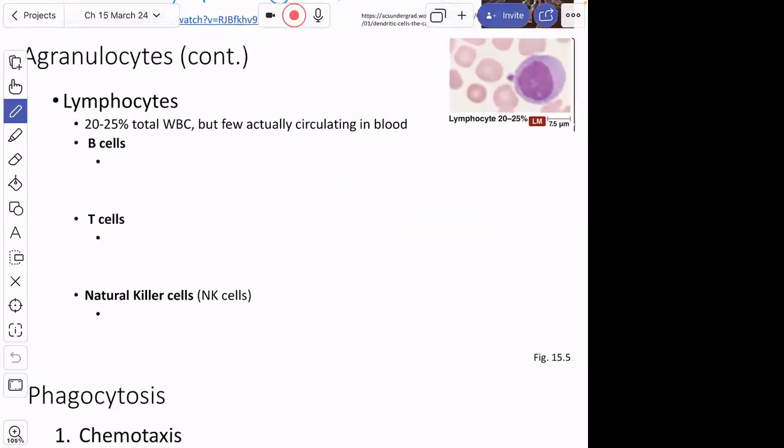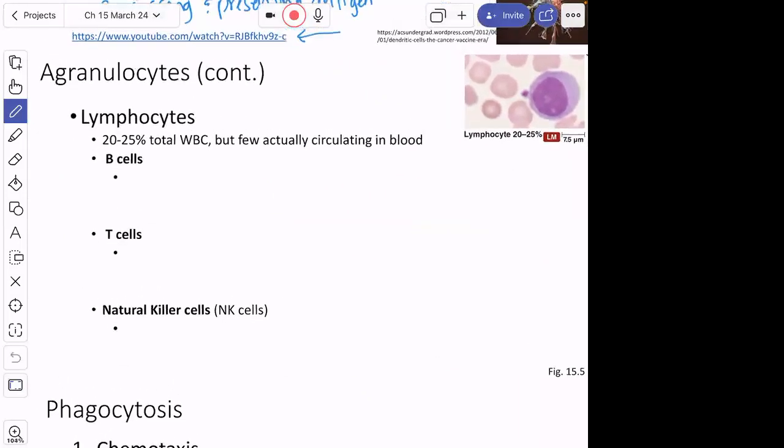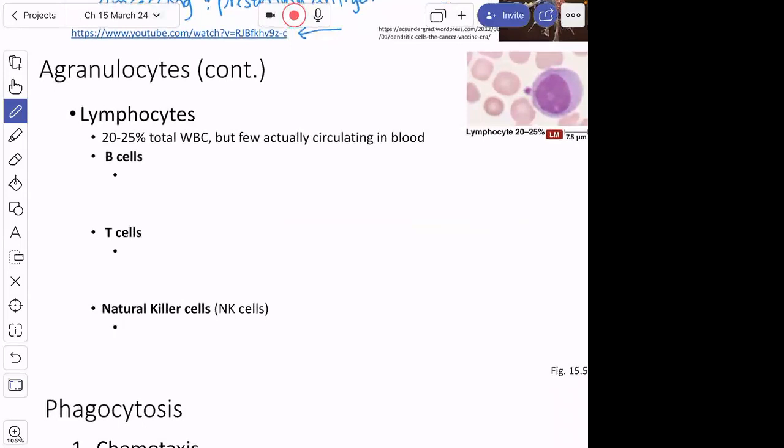The other agranulocytes, and these are, remember, derived from the lymphoid stem cells, are the lymphocytes. These mostly function in adaptive immunity. We'll just talk about them briefly here in terms of an overview, more about them later.